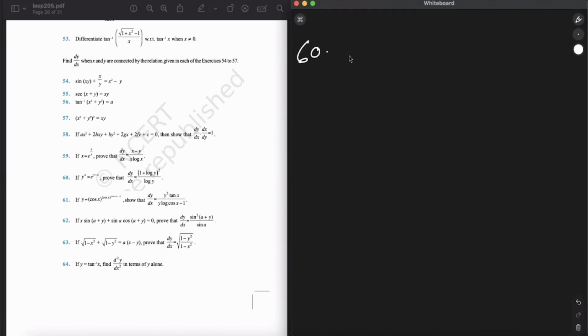Next question. Y raised to the power of x is equals to ey upon ex. Then we have to prove this.